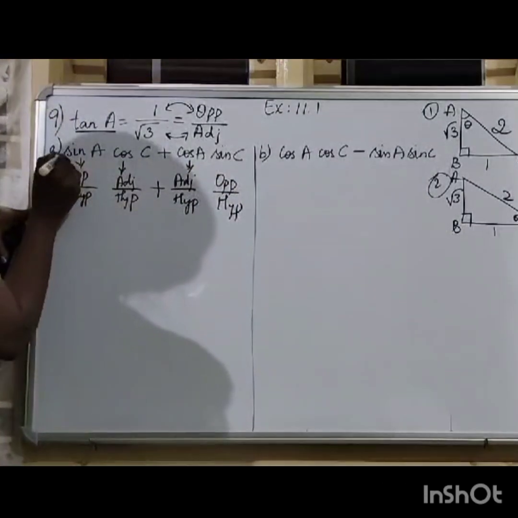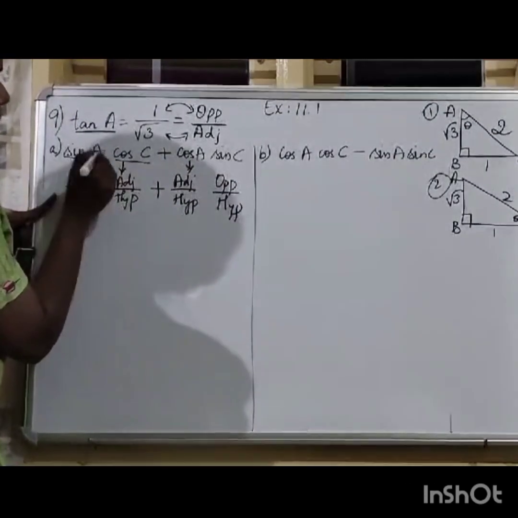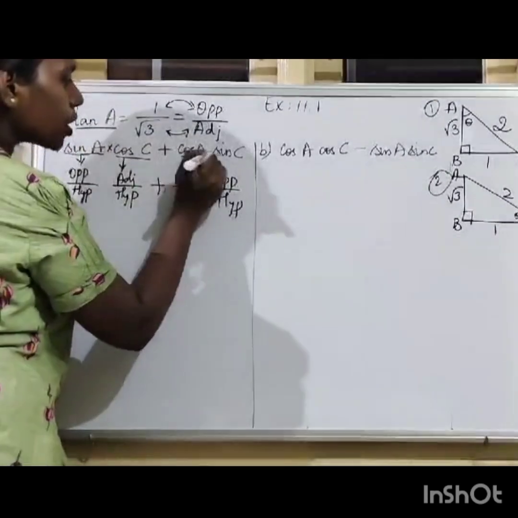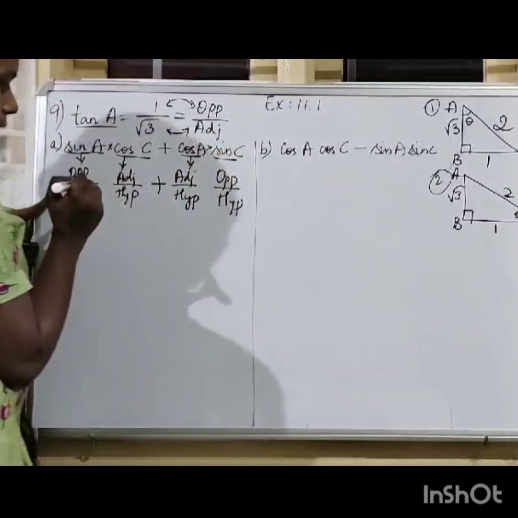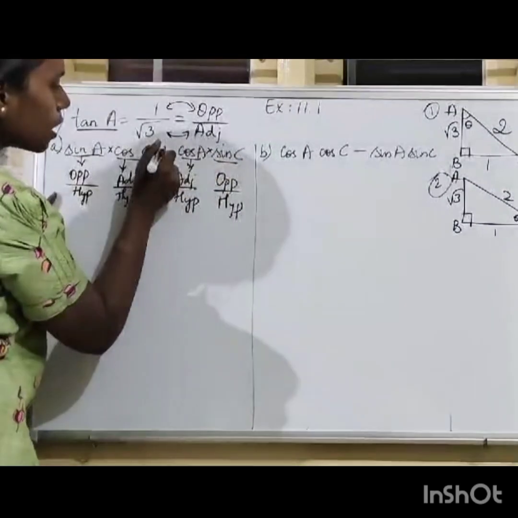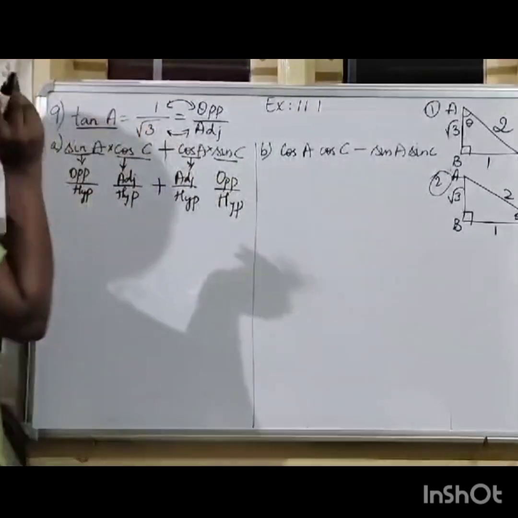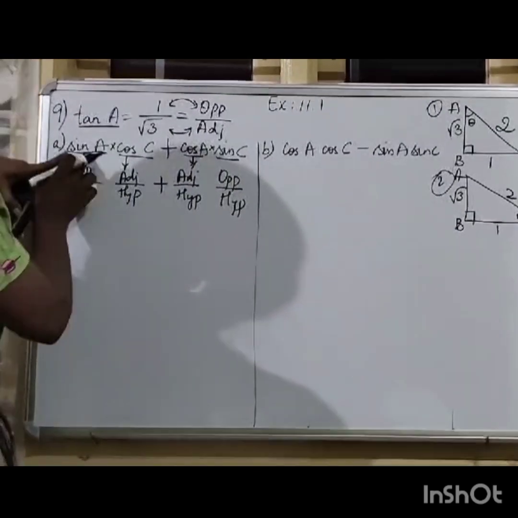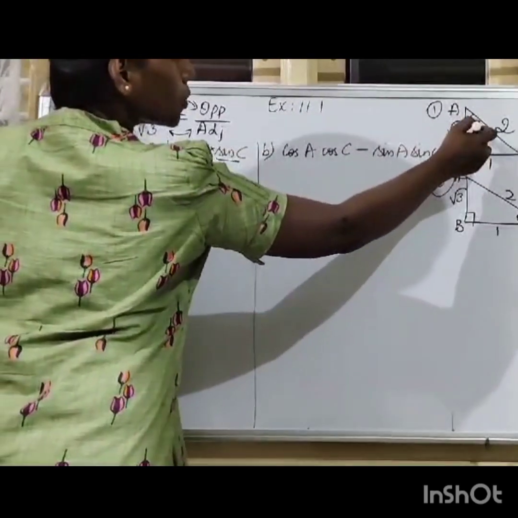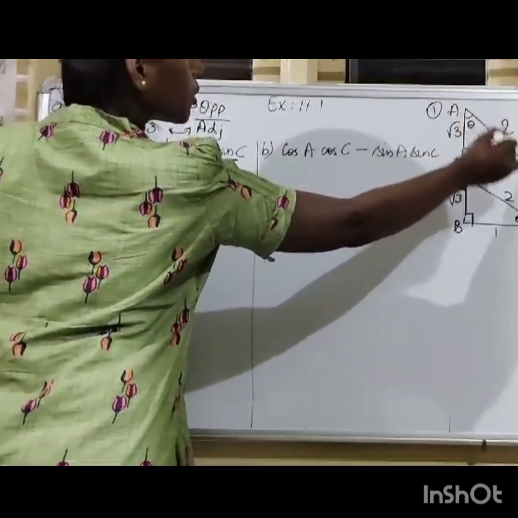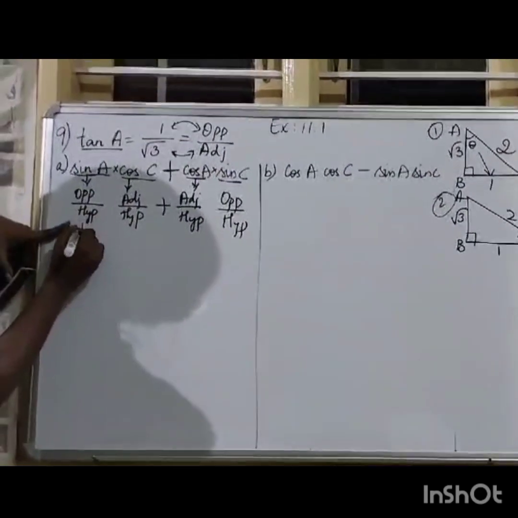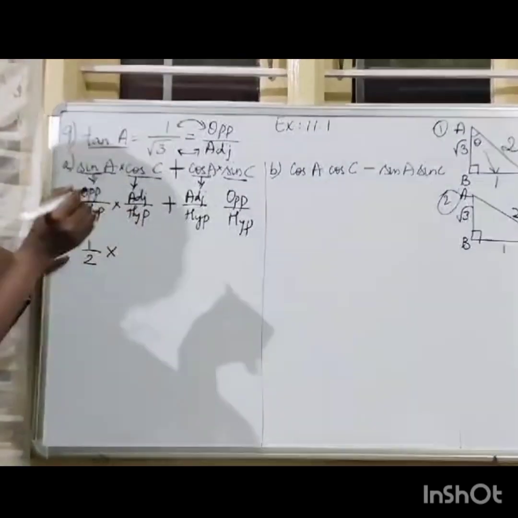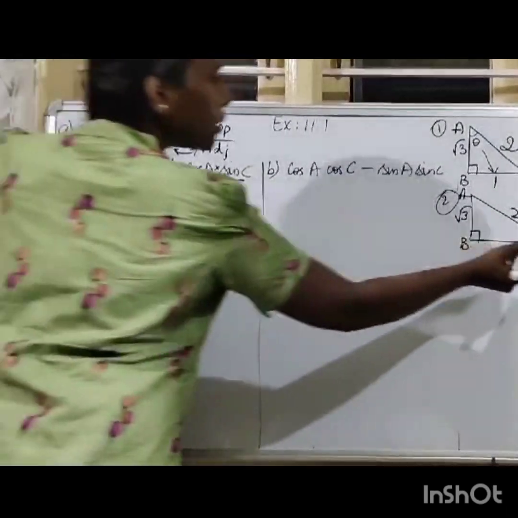Now here it is sin A and cos C. In between these two there is a multiplication sign. Again for cos A and sin C there is multiplication sign. Now in between these two there is an addition sign which is given in the question. Now sin A is opposite by hypotenuse. Sin A opposite is 1, hypotenuse is 2. So 1 by 2 multiplied with cos C.